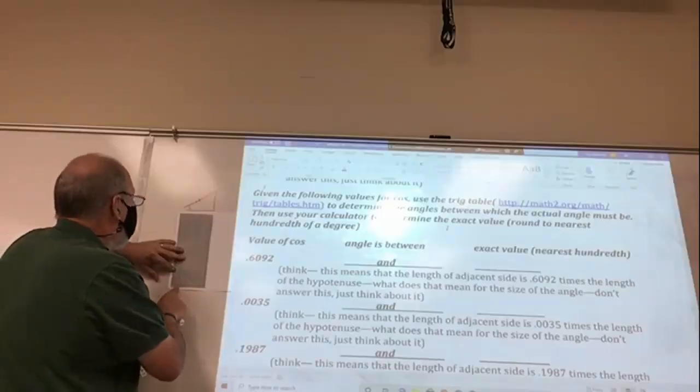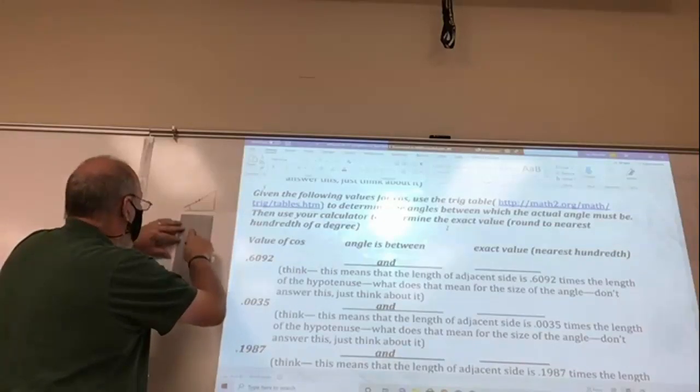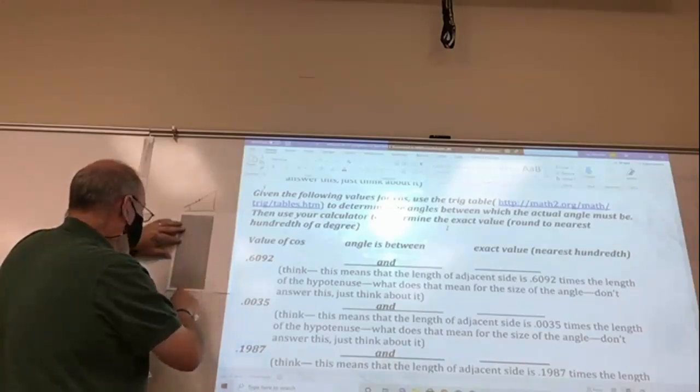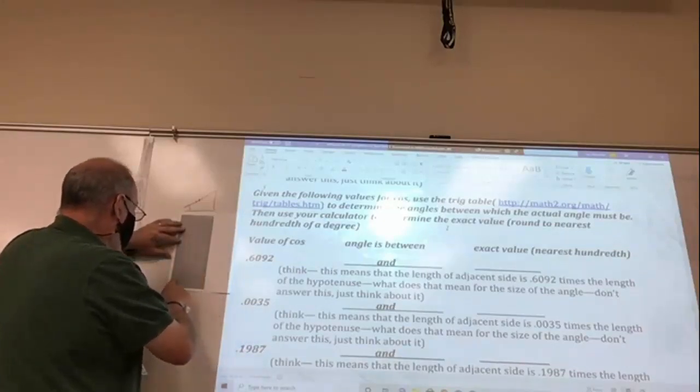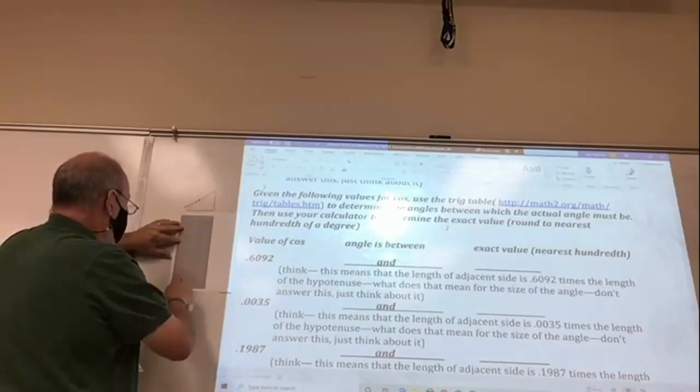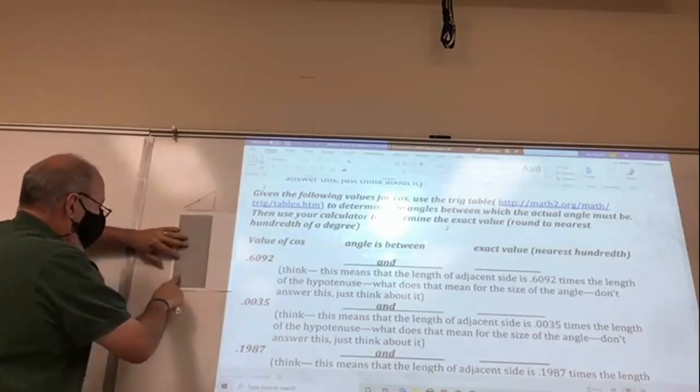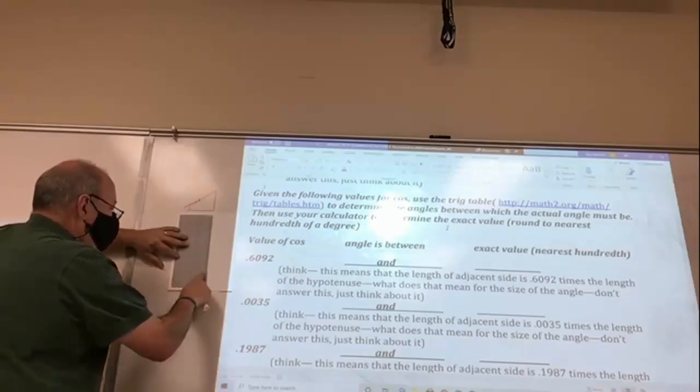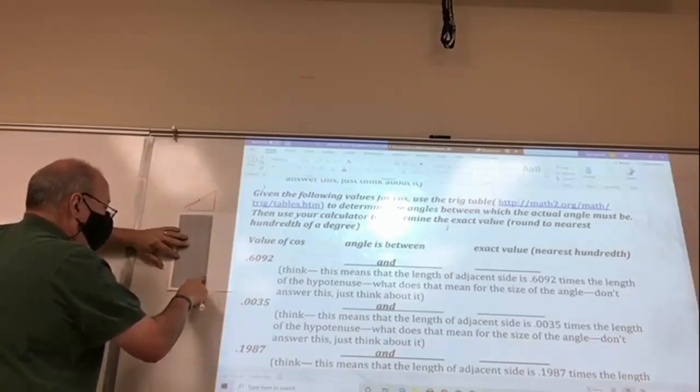So cosine of, sorry about that. Cosine of 0.6092. So that's exactly the same angle, isn't it? Okay, so sine on one way and cosine on the other, except it's not the exact same angle because now I have to go across to the other side, right?